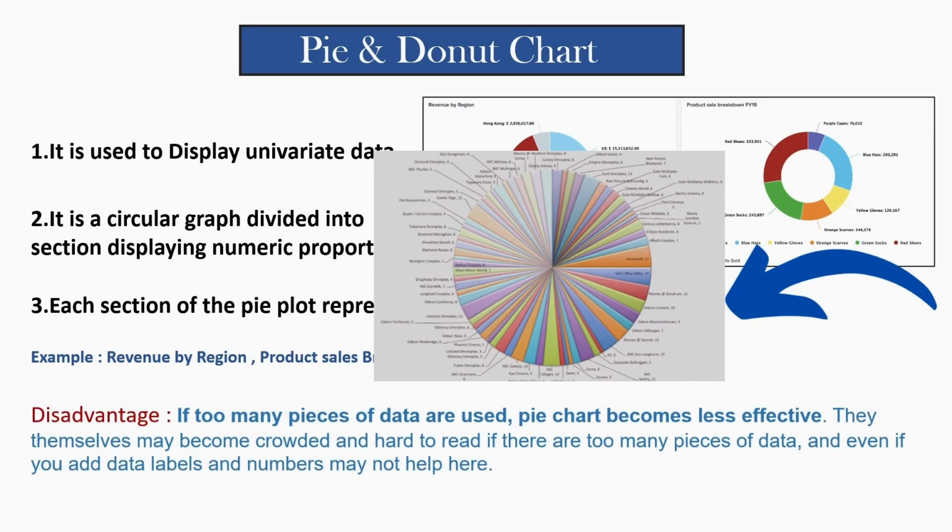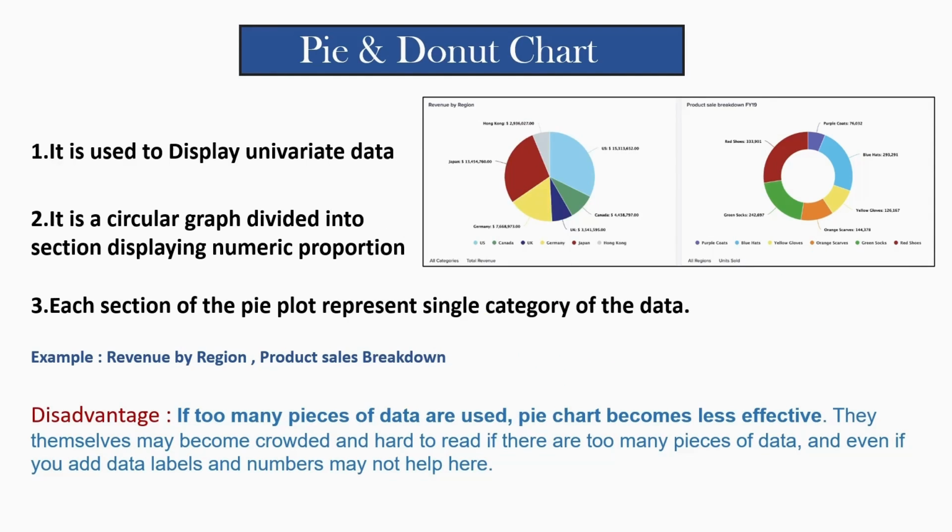One disadvantage is that if your categories go past 6 to 8, then it becomes a bit crowded, so you can't visualize it properly. The recommendation is that your categories shouldn't go beyond 6 to 8, otherwise the pie plot will become more crowded.